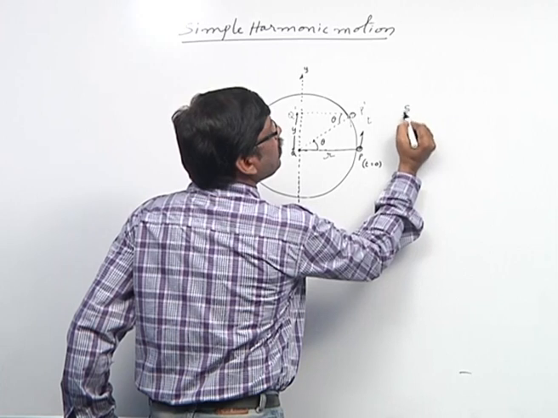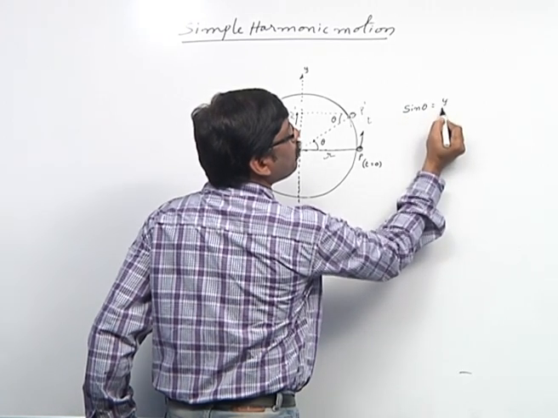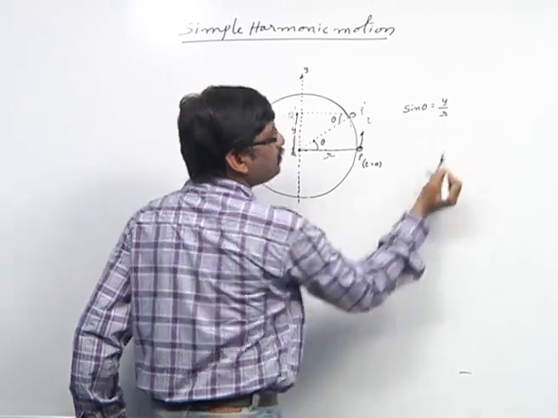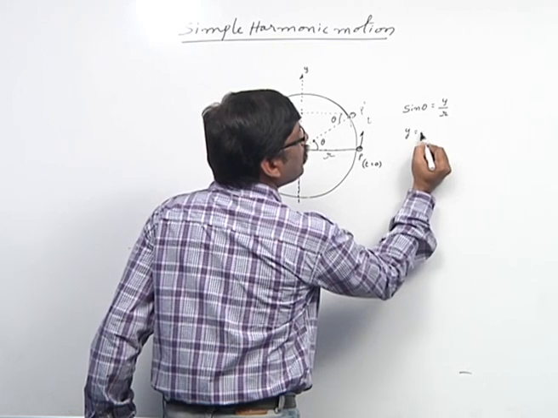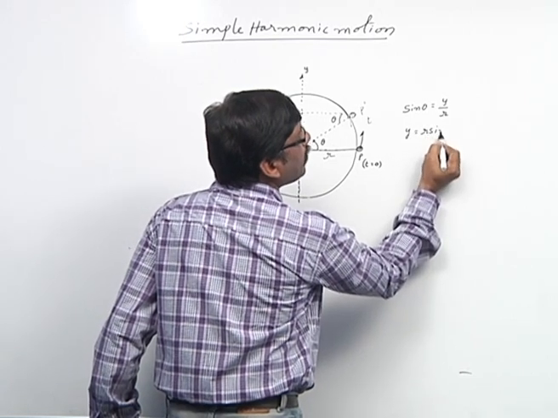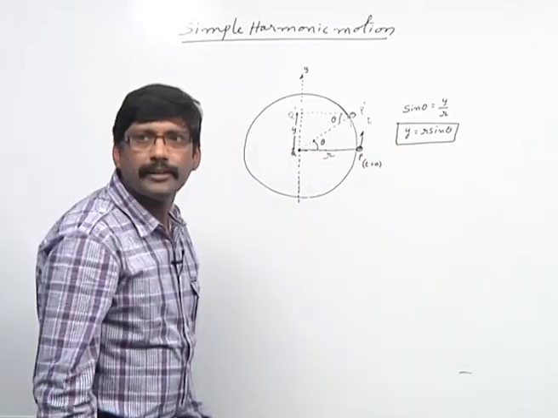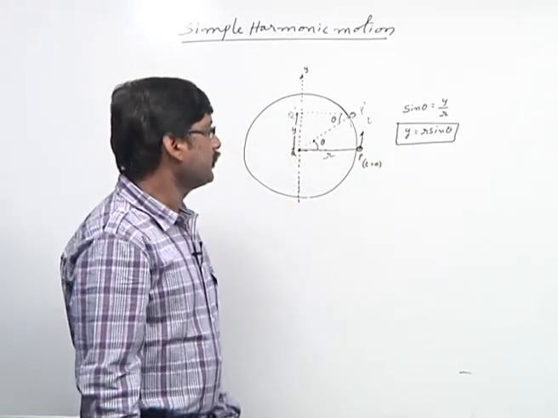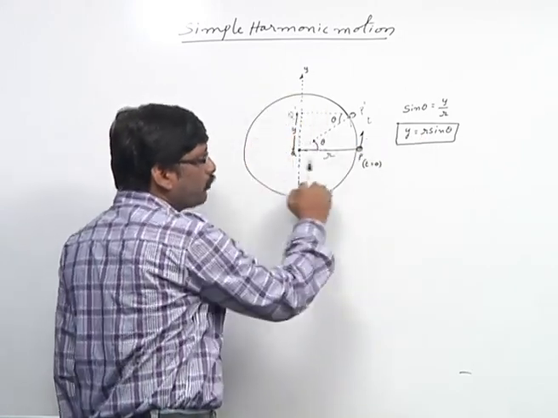We know that sin theta is equal to the opposite side y by radius r. So y is equal to r sin theta. Let us change the nomenclature. Here r is called the radius of the circular path.